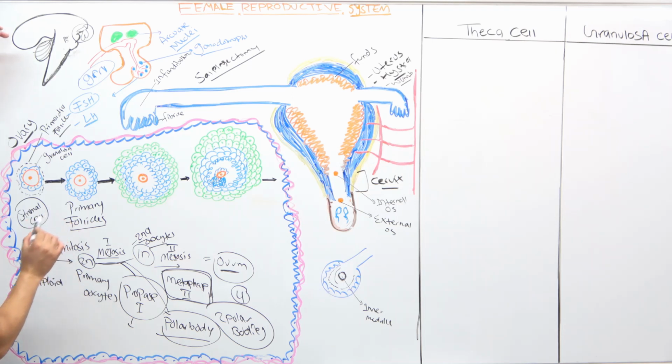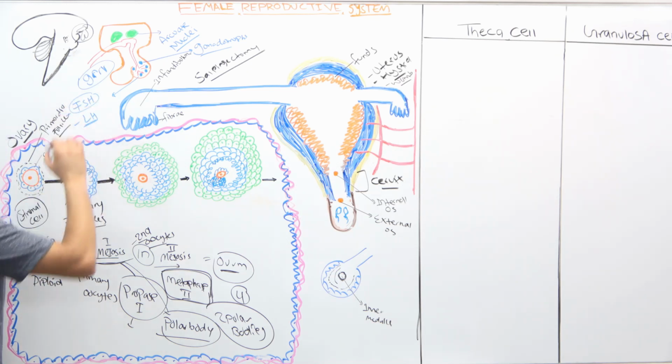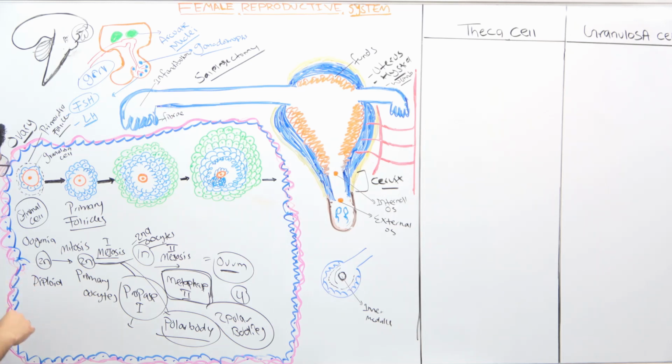So remember, the growth or proliferation of this primordial follicle happens because the stromal cells secrete growth factors, or they provide nutrients. Based on that, these cells are multiplying and proliferating and converting into primary follicles. But remember, this process is not stimulated by what is this called? Your FSH, okay? So just remember that.